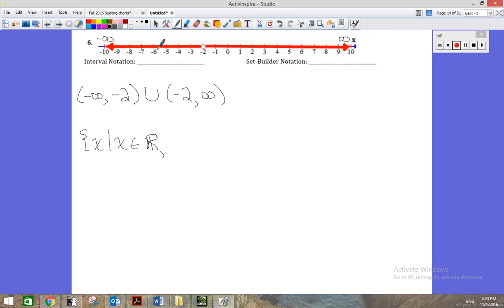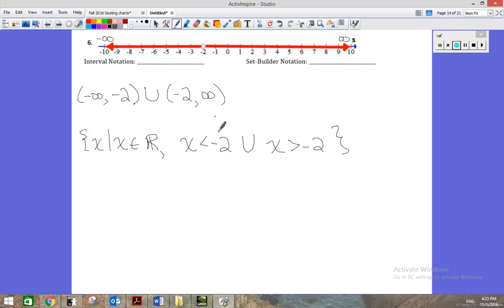Now, I can describe this left interval as all numbers x that are strictly less than -2. There's a hole in the graph, so then there's a separate interval, so I need a union symbol. All values of x, all real numbers that are strictly greater than -2.